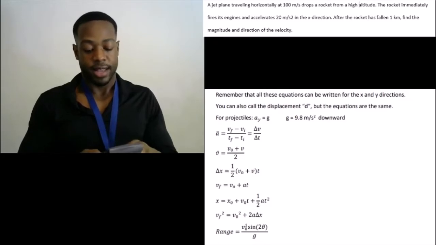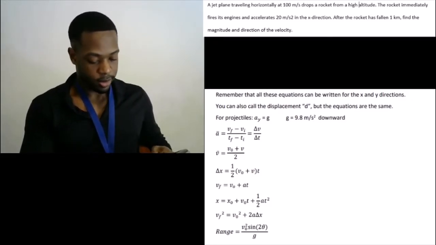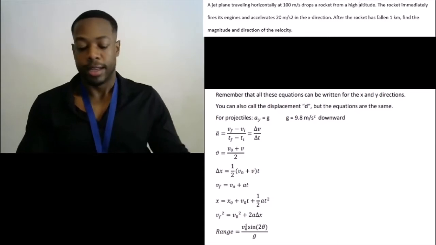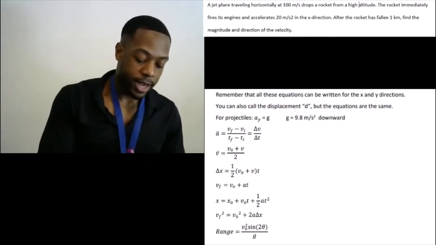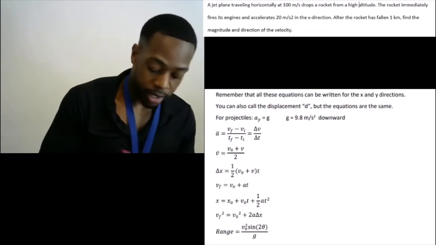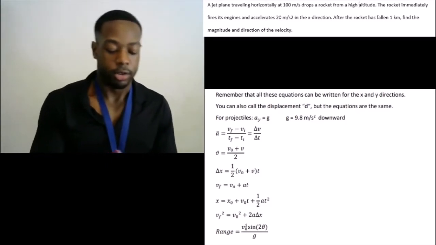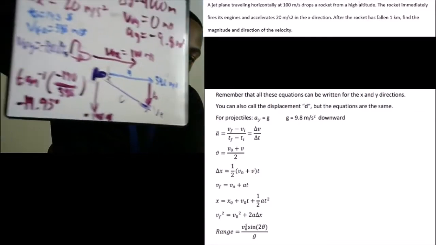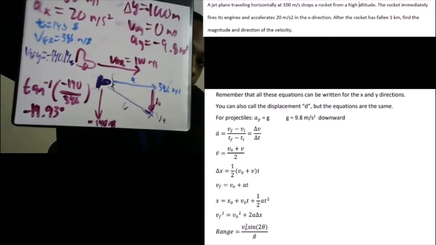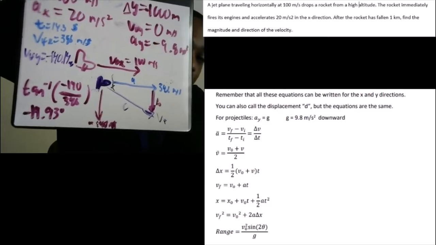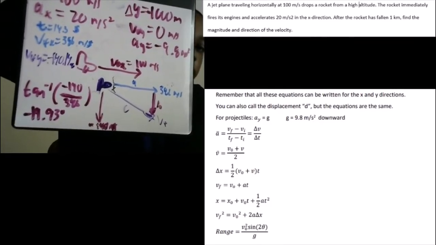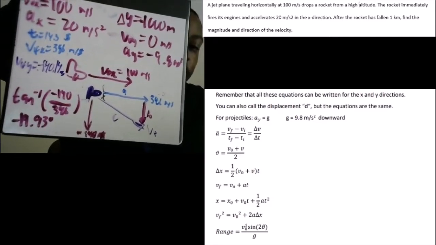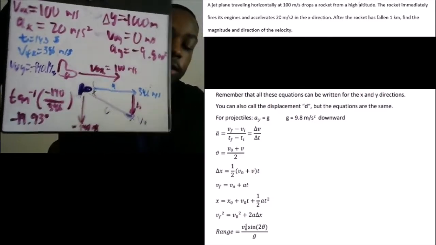If you do the math there, I'm getting negative 19.93 degrees. That's your answer for the direction. So your velocity was about 373. Your direction is negative 19.93 degrees.